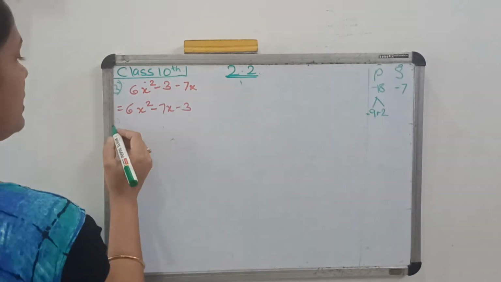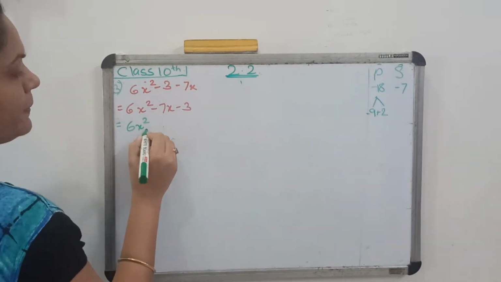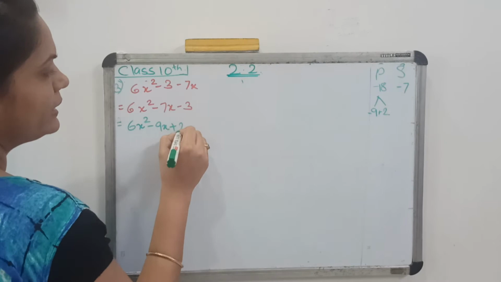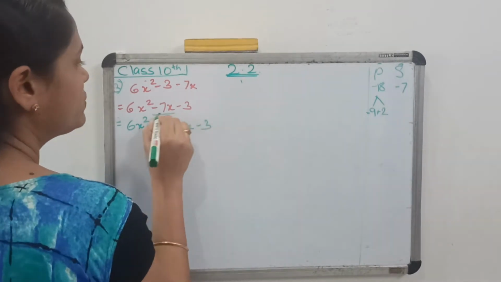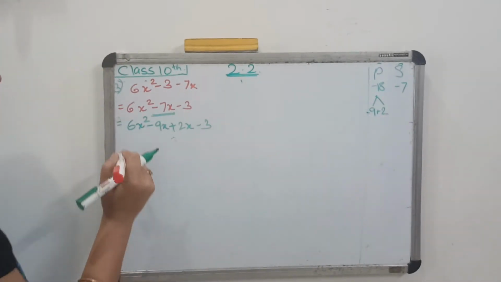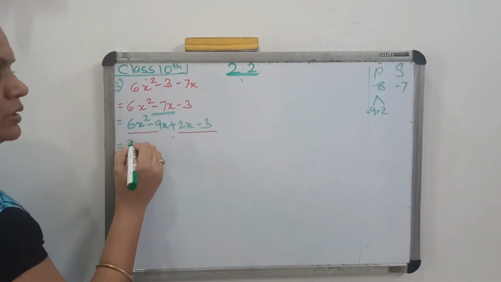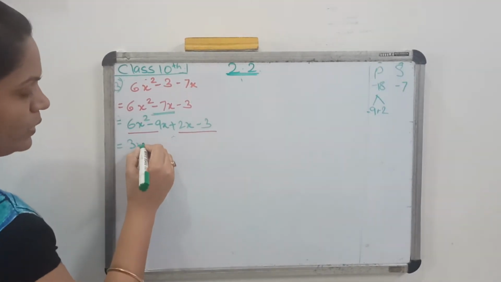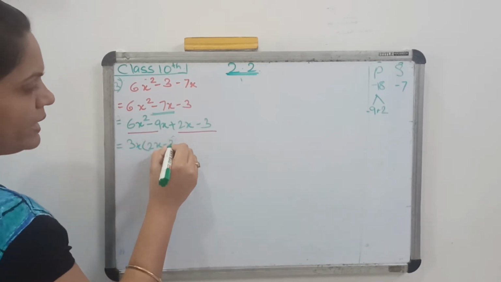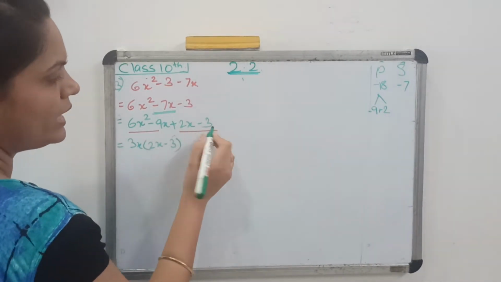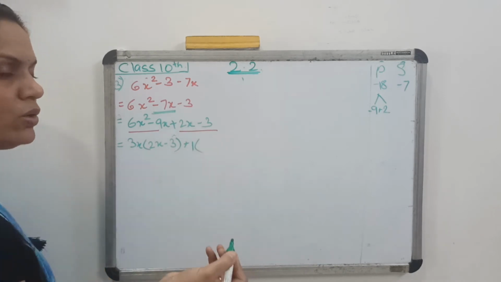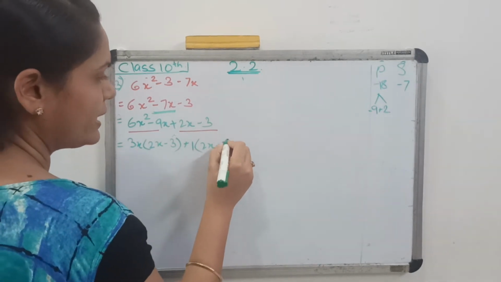So the terms are minus 9x and plus 2x. We have split this middle term. Now two terms we are grouping. What is common here? 3 into x. 2x minus 3 remains here. In the other two terms we don't have any common thing, so I am taking out plus 1 common, leaving 2x minus 3.